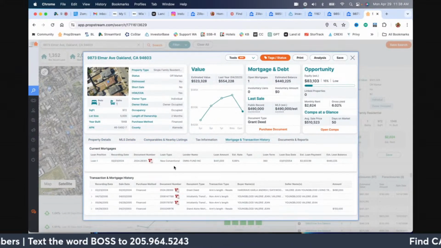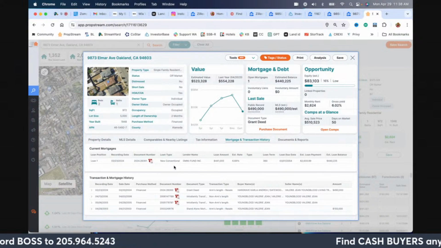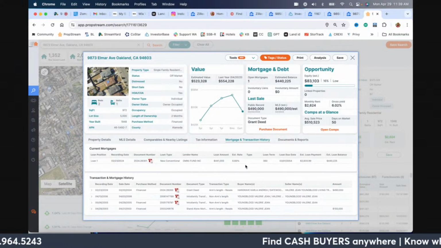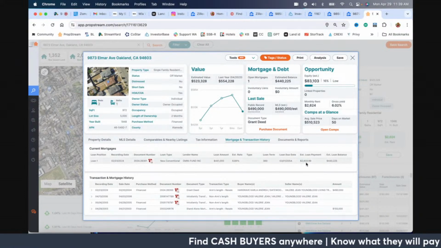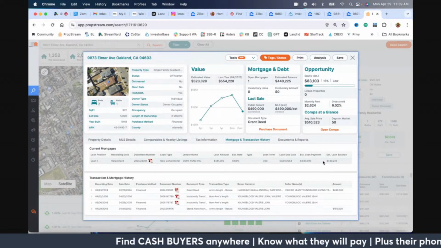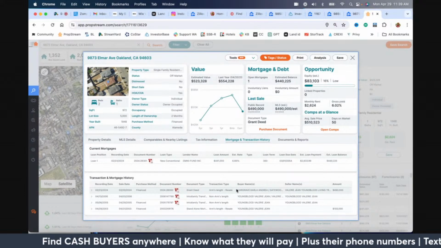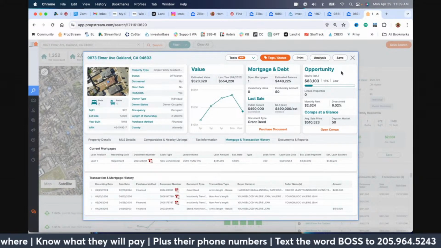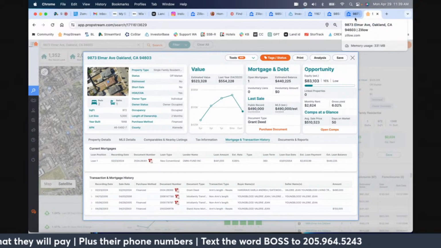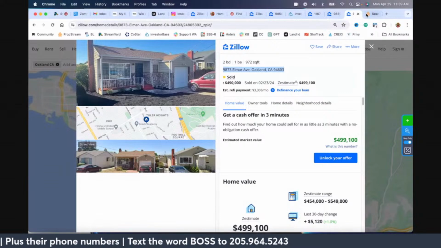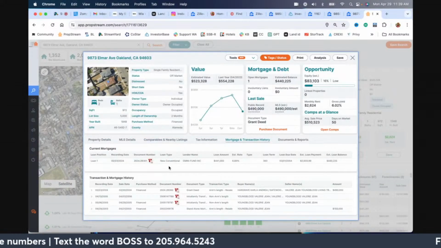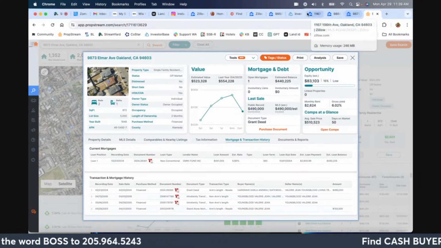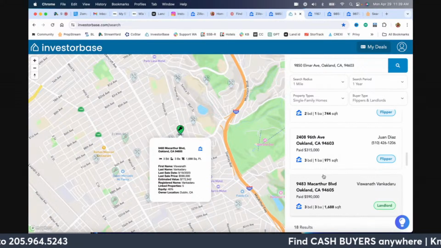So this one, there was a loan on it, I guess they put 50 grand down on it, looks like, for 440. So if they'll take that, that was one person that paid more than what the other people are paying for similar size properties.